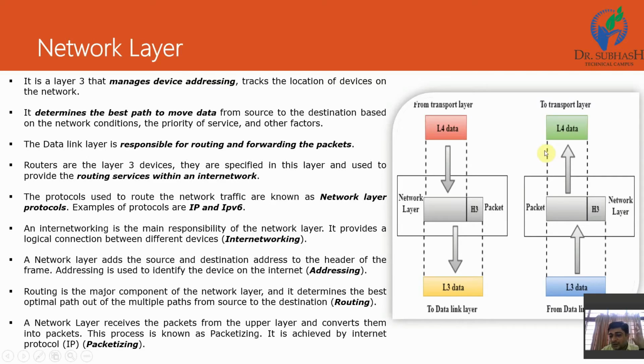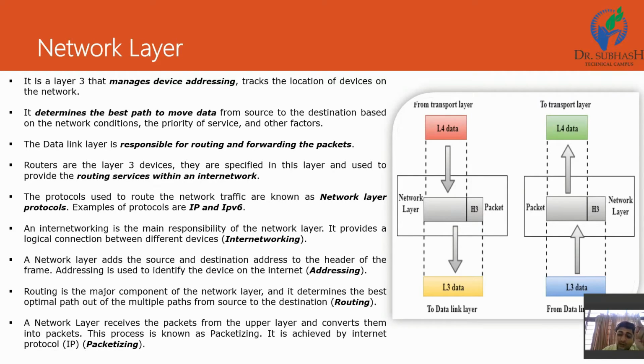Here we have a diagram. In this diagram, the layer above is the transport layer. The transport layer provides data to the network layer. The network layer converts this data into packets and passes these packets to the data link layer. The data link layer converts them into frames and passes them to the physical layer.